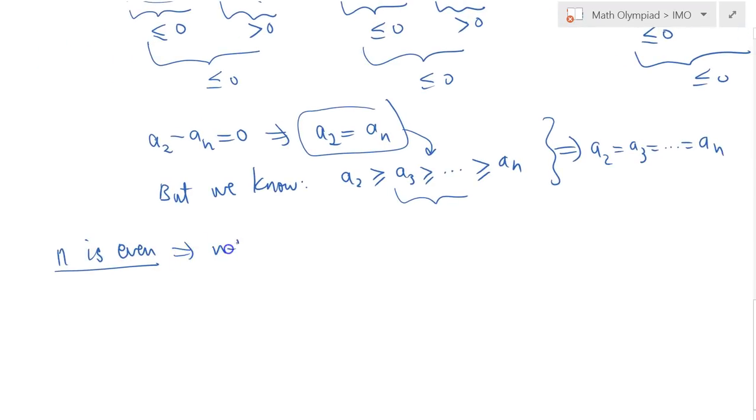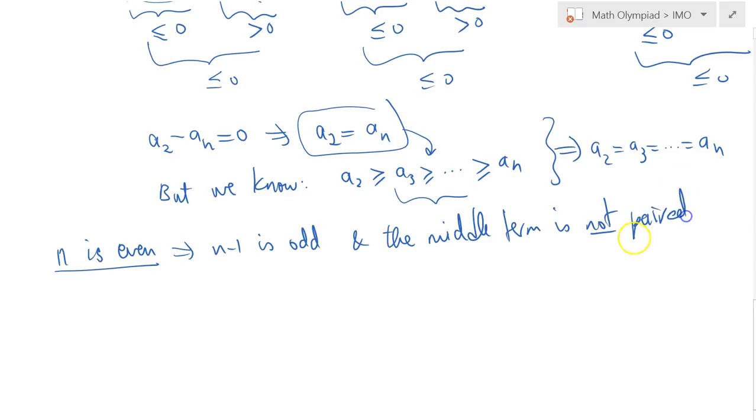Then this implies n minus 1 is odd, and the middle term is not paired. So the middle term will be a sub n plus 2 over 2 times sine of, obviously because n is even, this is divisible by 2, sine pi, right? Because think about it.